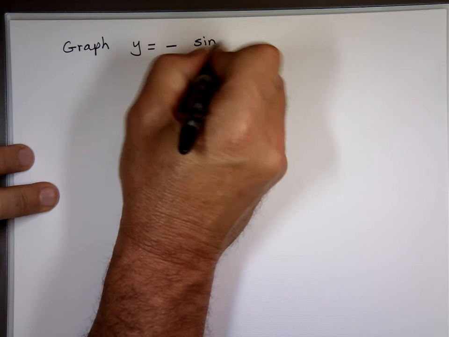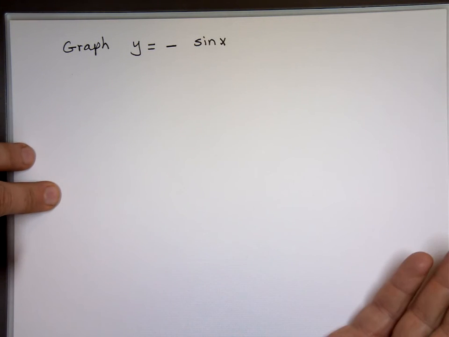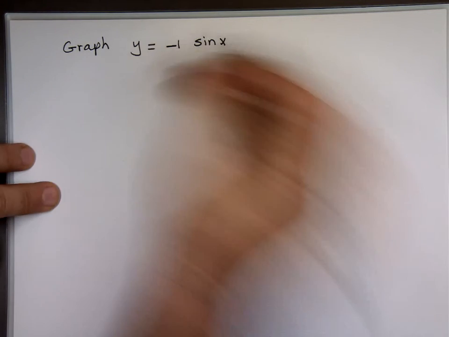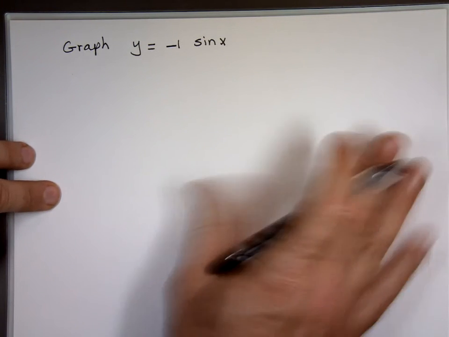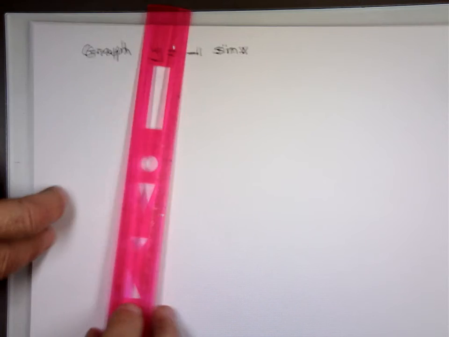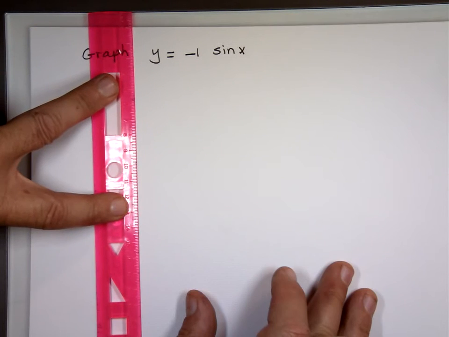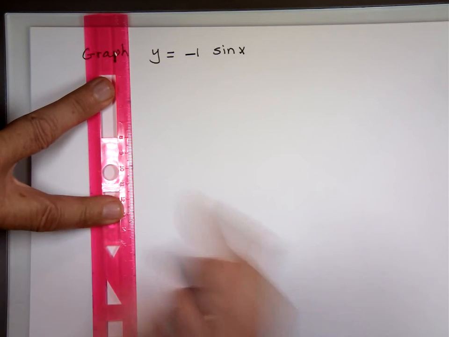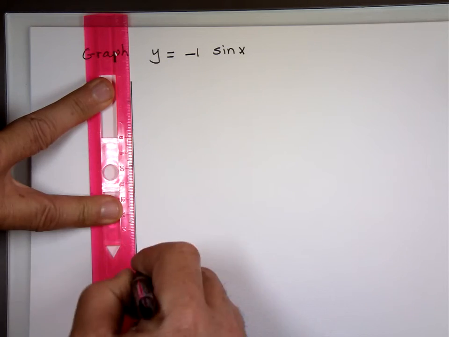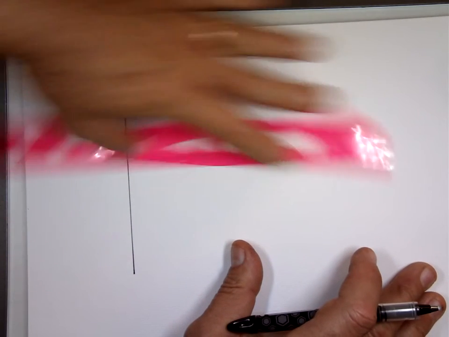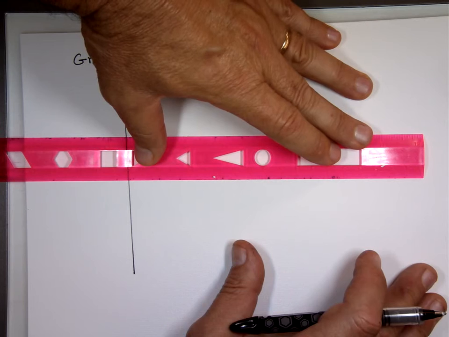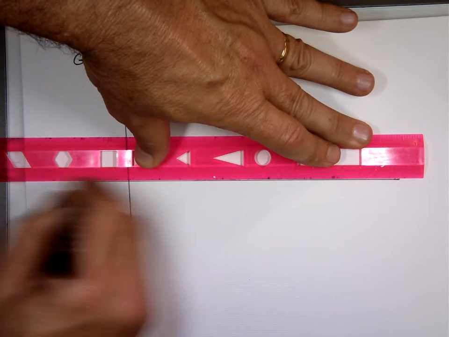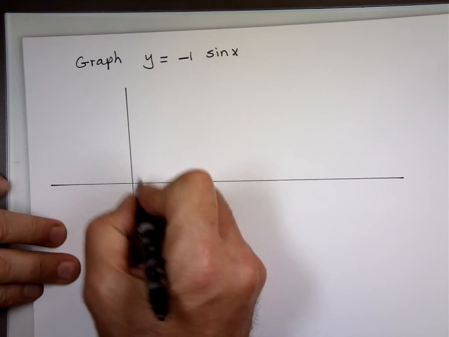The negative is really negative what? Negative 1. Yeah, it's negative 1 times sine of x. We just don't put the 1. So again, let me start with the sine of x. Here's the sine of x.